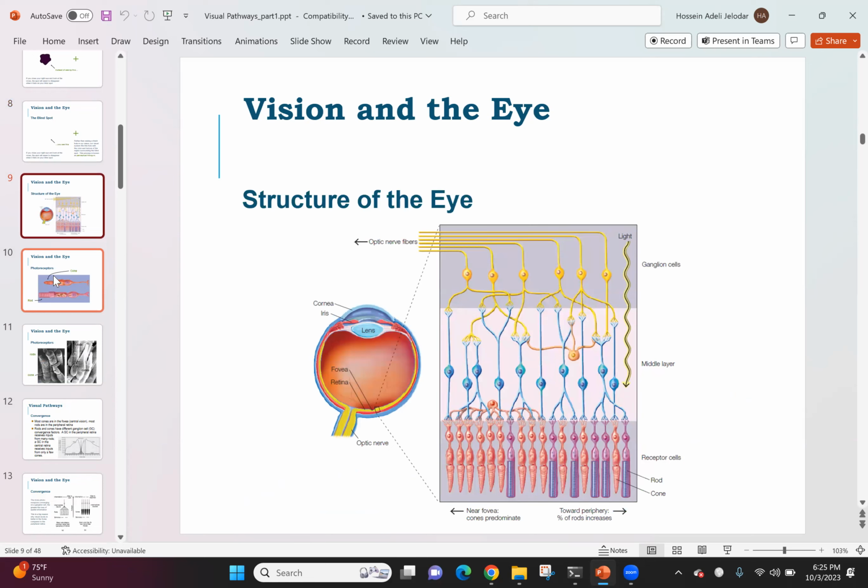So another thing about this anatomy that is interesting is that the distribution of photoreceptors changes across the retina. So when you get closer to the fovea, and we'll talk about what the fovea is, where the central vision is, you're going to have a lot more cone receptors.